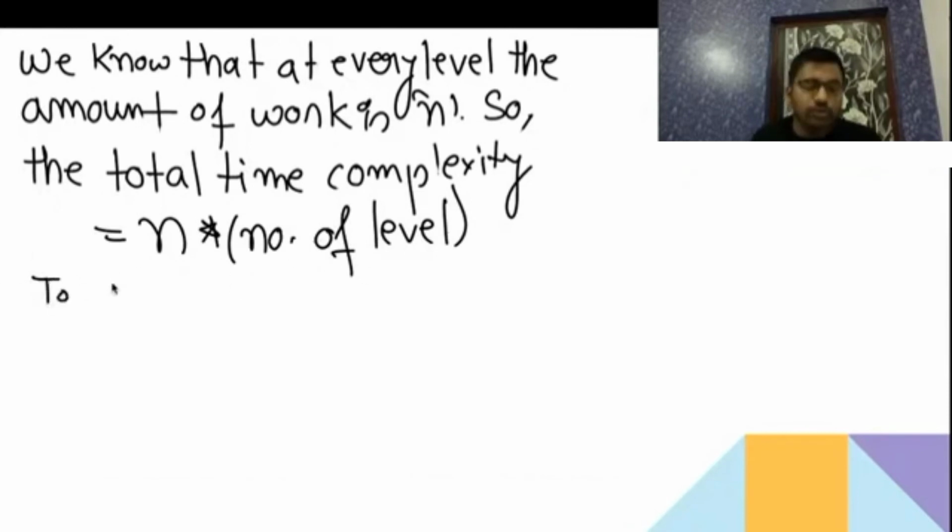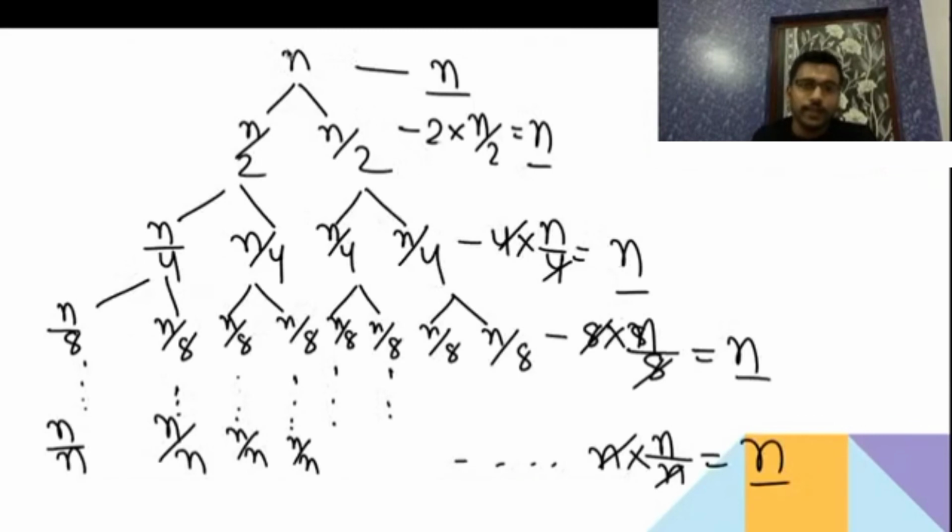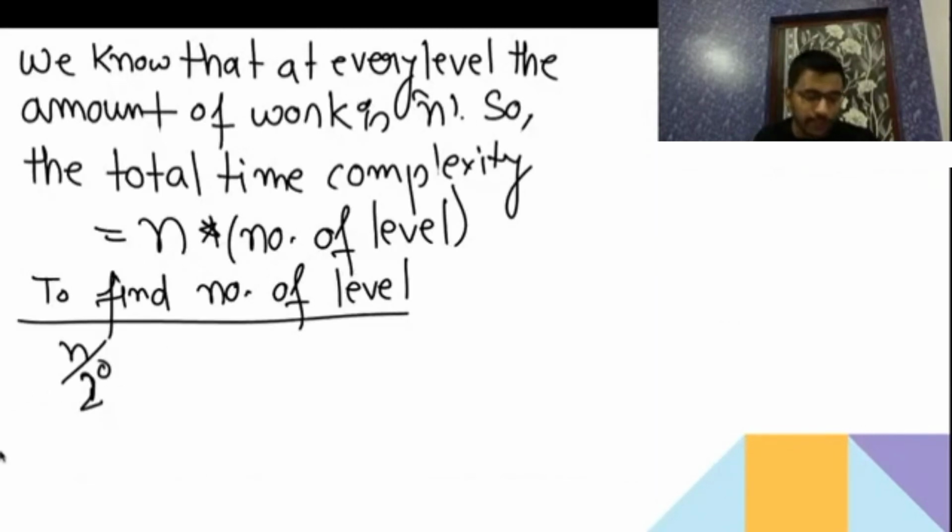But for those who don't know, how to find the number of levels? When you did this first one, this n, it's like n by 2 to the power 0, the first level.